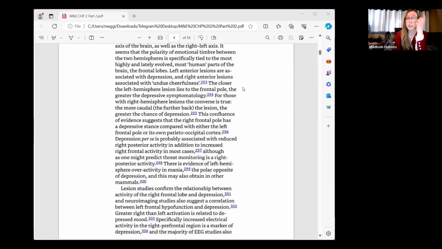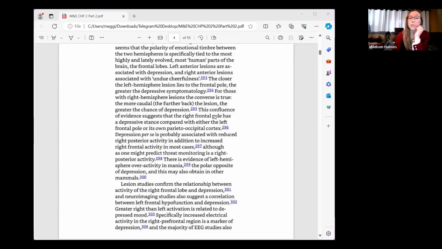Left anterior lesions, frontal lesions, are associated with depression, and right anterior lesions, again the front, are associated with undue cheerfulness. The closer the left hemisphere lesion lies to the frontal pole, the greater the depressive symptomatology. For those with right hemisphere lesions, the converse is true. The more caudal, the further back the lesion, the greater the chance of depression.